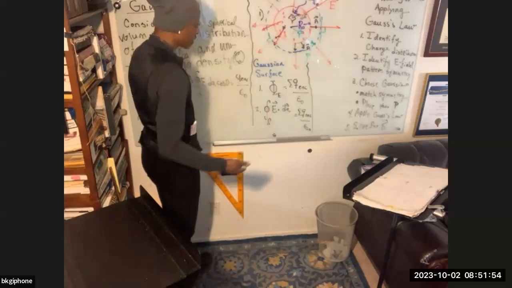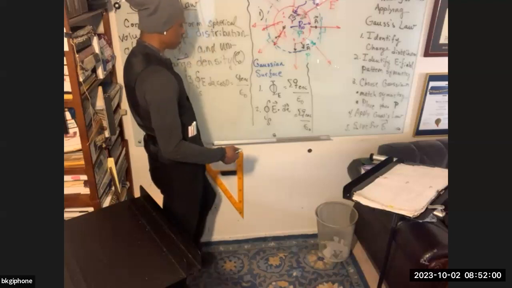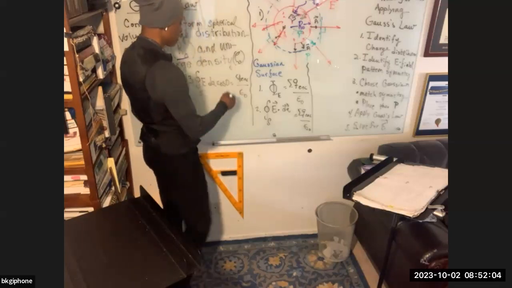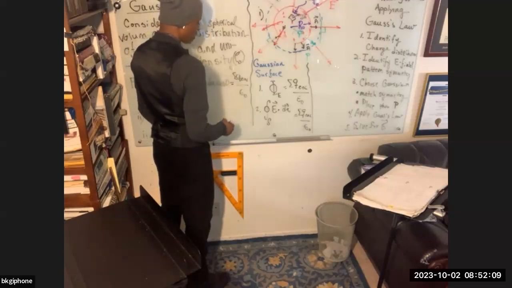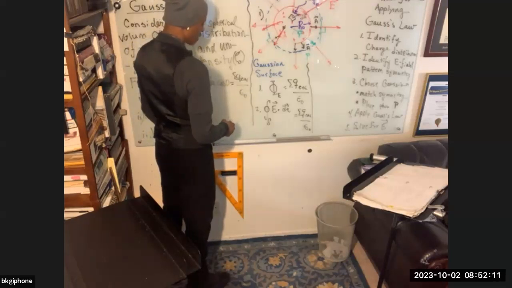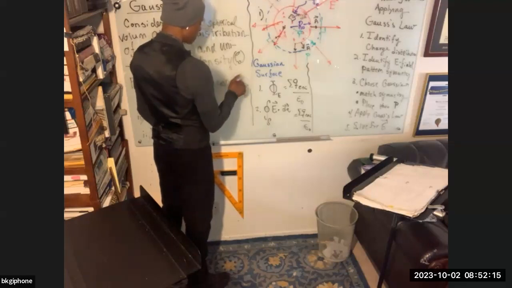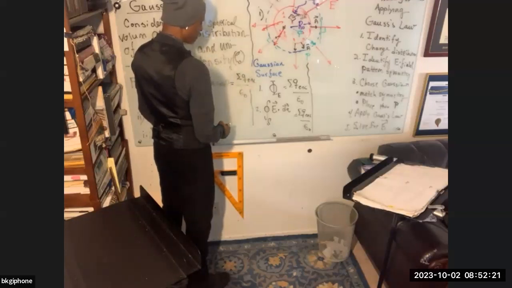Here it is continuous, so I guess I shouldn't put a summation. But I'm going to keep it like that because it means the total charge enclosed inside the Gaussian. And the ENC means enclosed.